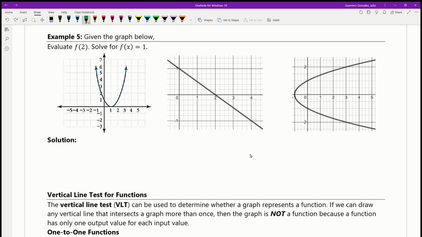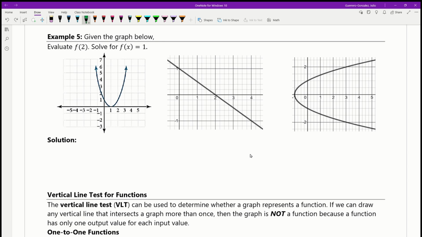Now let's tie in graphs with these. Every single function that we're going to be working with in our class is going to have some sort of graphical representation. So we're going to be able to put these on graph paper and look at their relationship.